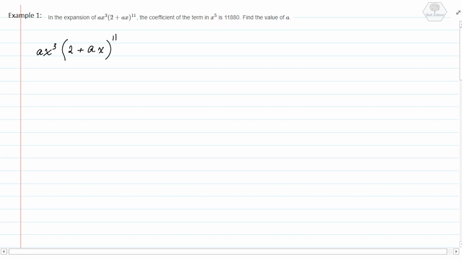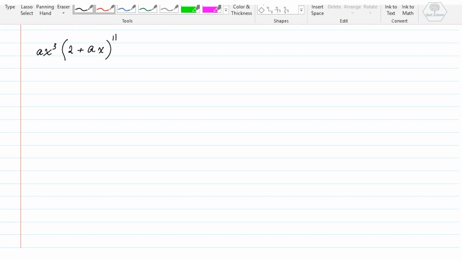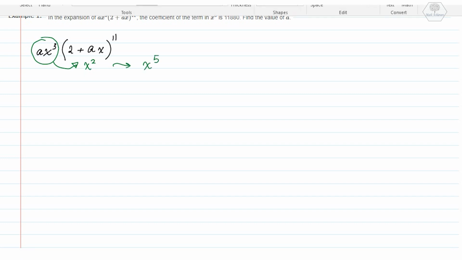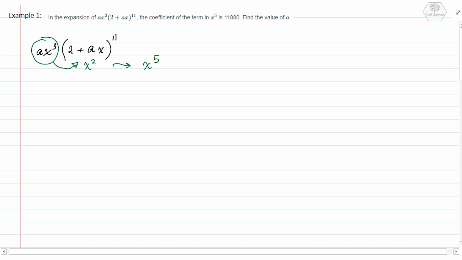In order to get the term having x to the power of 5, I need to multiply this ax to the power of 3 by x squared, so I can get x to the power of 5. So now I need to find the term containing x squared in the expansion of this binomial.